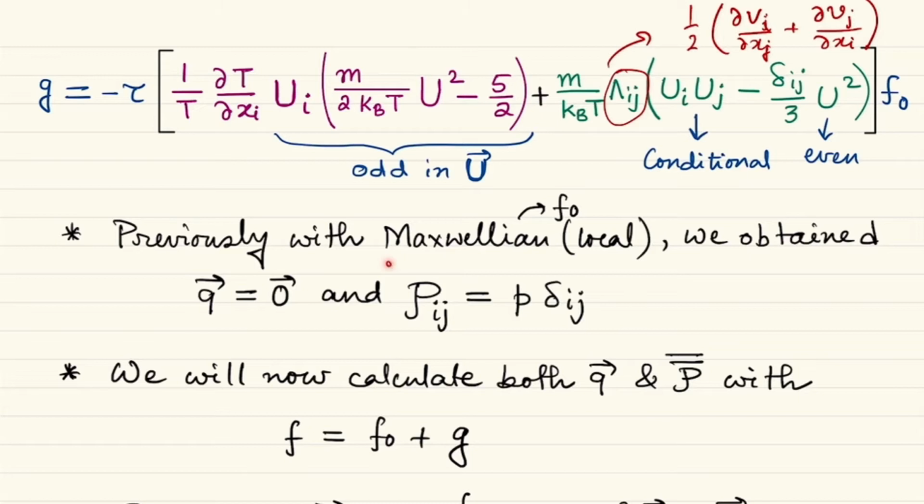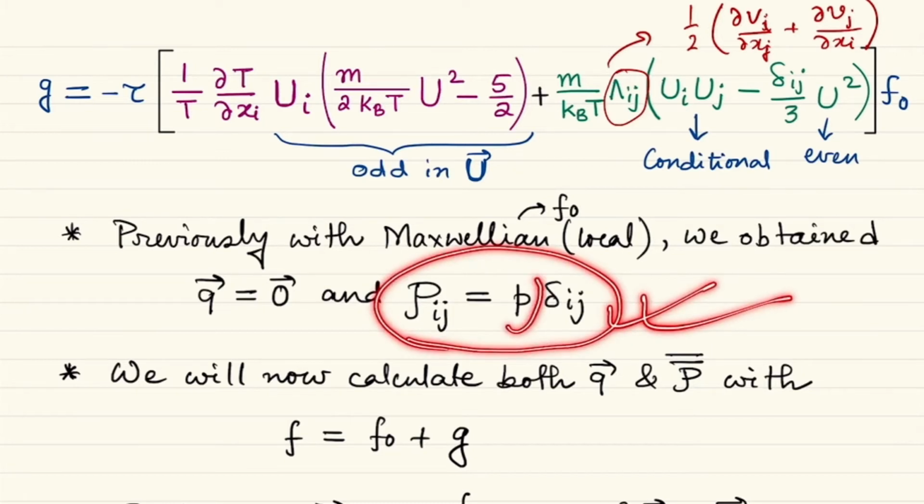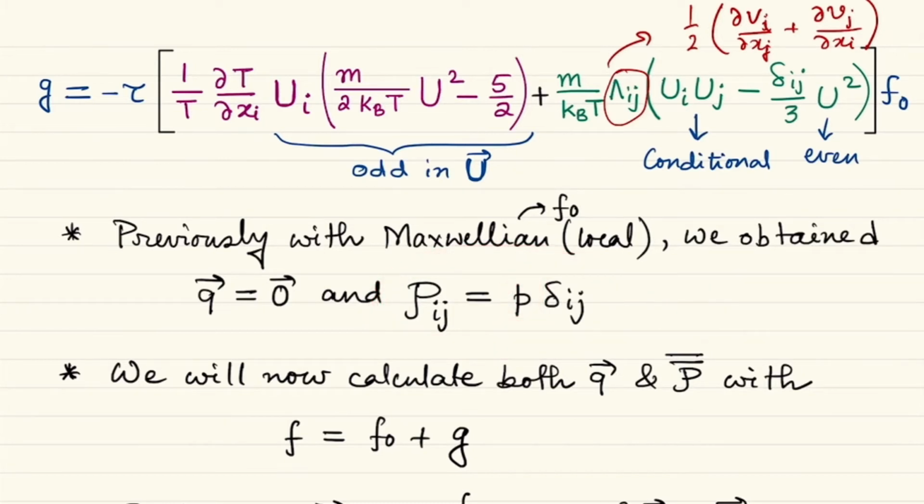Okay. So previously with Maxwellian distribution, we had simply Q equal to 0 and the pressure tensor was trivially diagonal with a single value, that says that all the diagonal elements were equal, so it was simply a scalar.